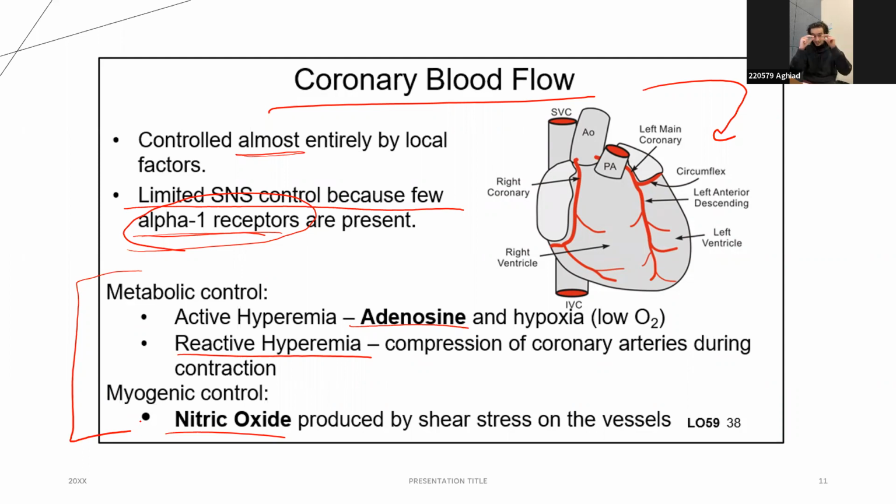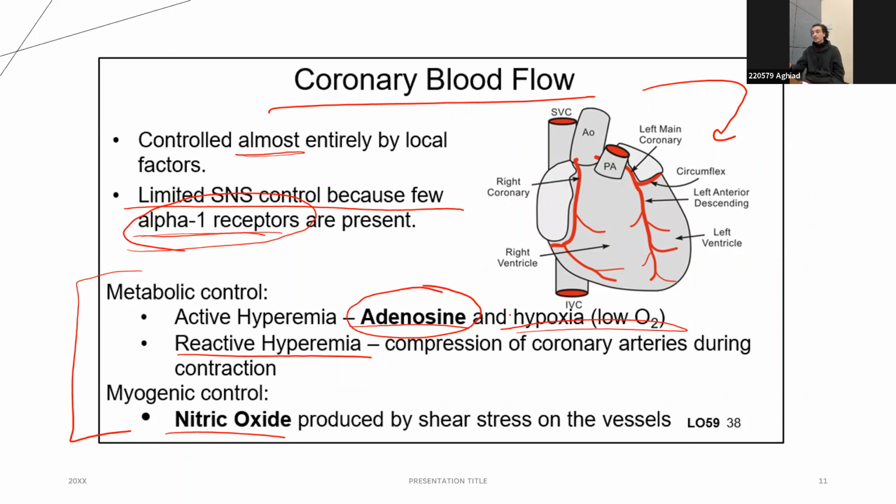So the vessels are getting smaller, so the blood flow is less. So the amount of metabolites in the blood, in comparison to the amount of blood that is present, is high. So this is active hyperemia. During systole, it is getting more blood flow due to the accumulation of metabolites, mainly adenosine, as you can see here, and the low amount of oxygen because obviously it's working more.